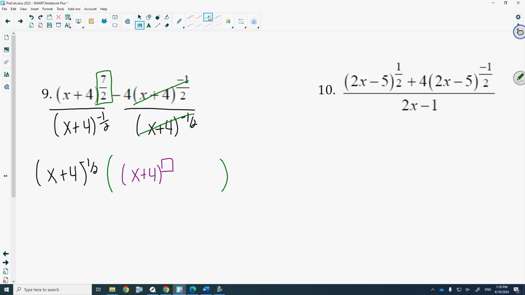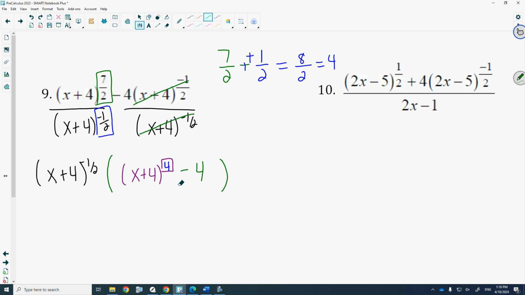So it's going to be 7 over 2 minus negative 1 over 2. 2 negatives will give you a positive, and that will give you 8 over 2, which is 4. Okay, and then minus 4.